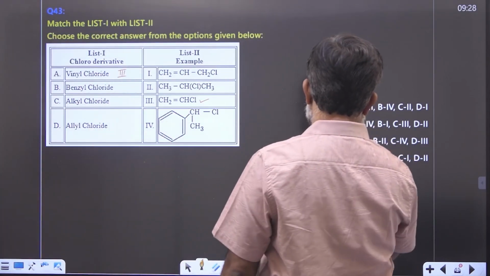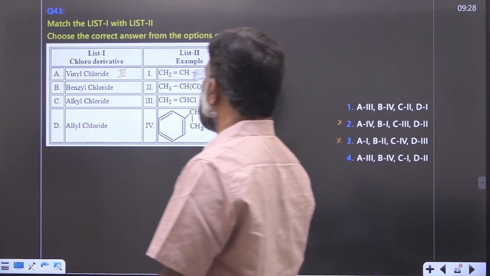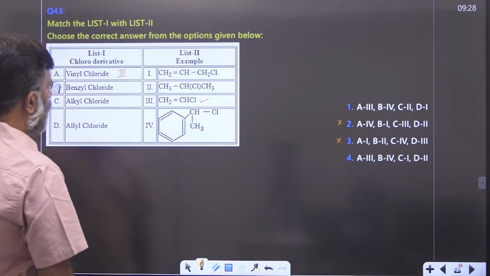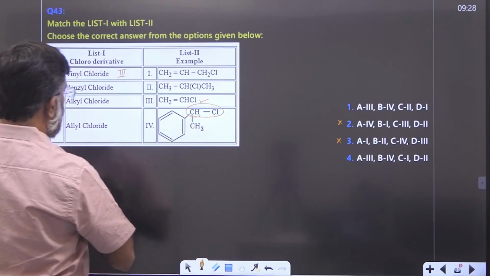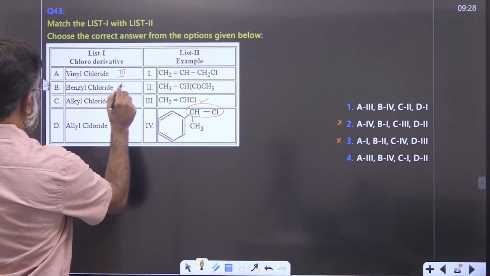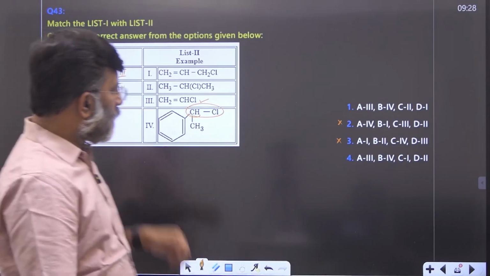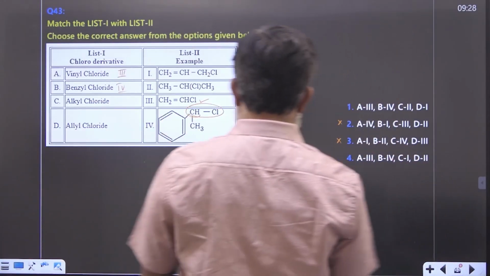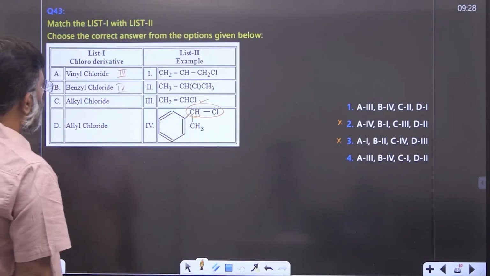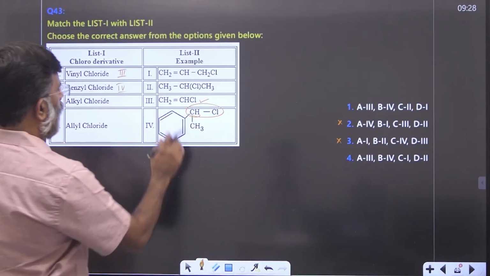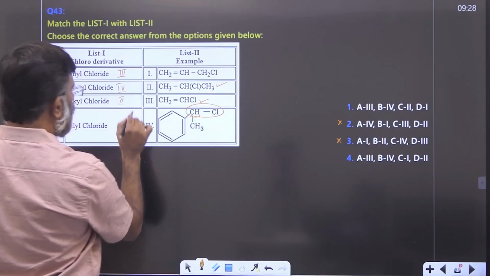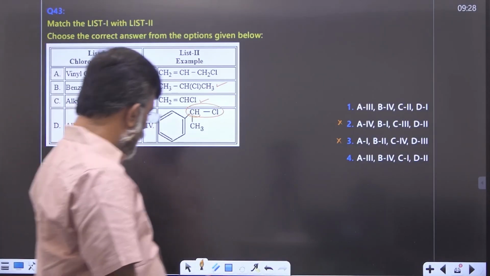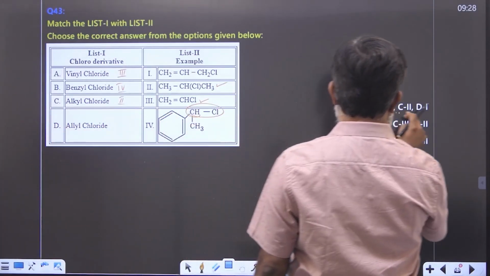So this is out. Benzyl chloride. This is benzyl chloride. So B with 4. A3 B4, we don't get the answer. Alkyl chloride. This is simple alkyl chloride. So C with 2. And that gives us the answer, the first choice.